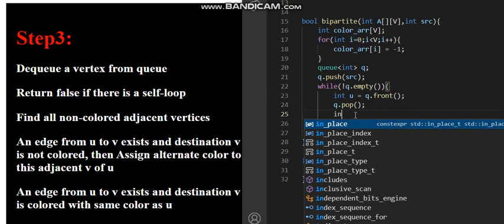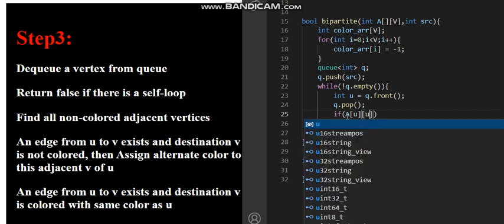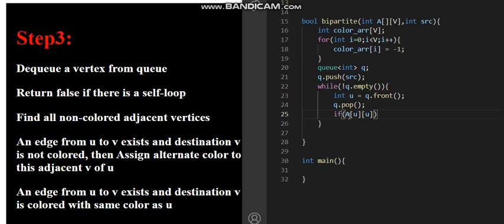For that, we took the adjacency matrix as A, right? So if A of u of u, an edge between u and u, which is called a self loop, is equal to 1. I told you, right? If there is an edge, we'll take it as 1. Then we'll return false.